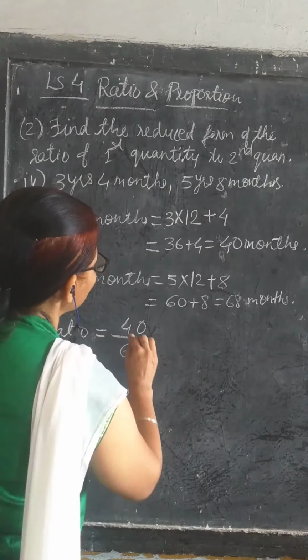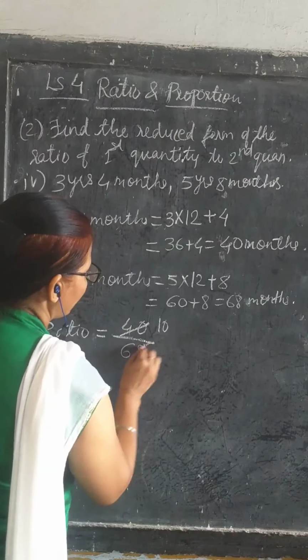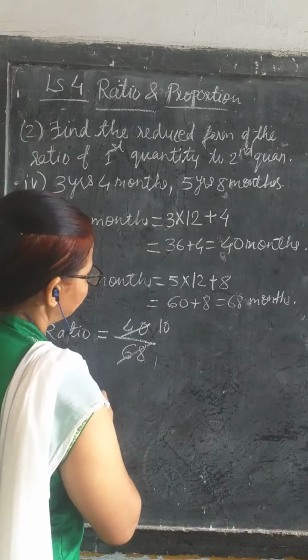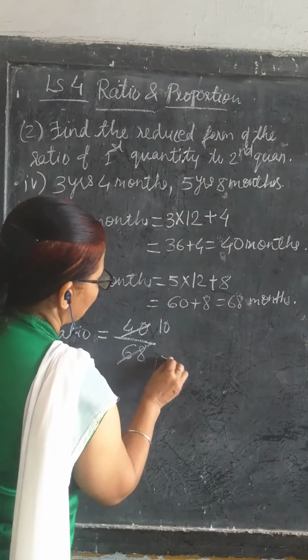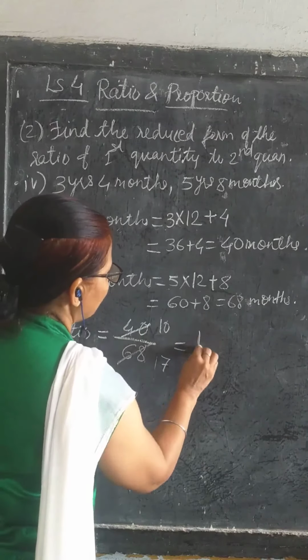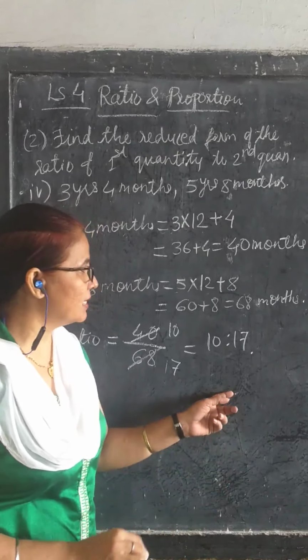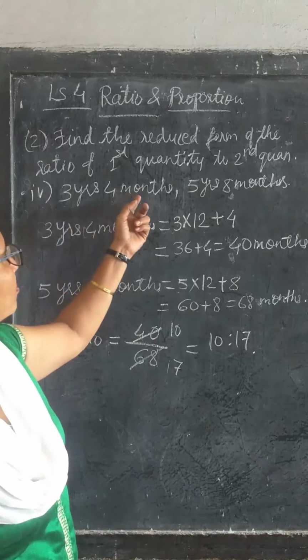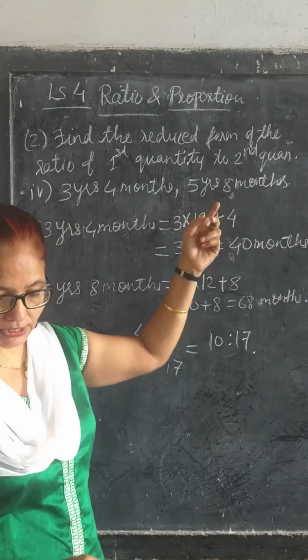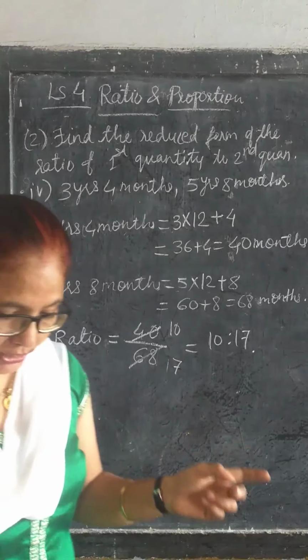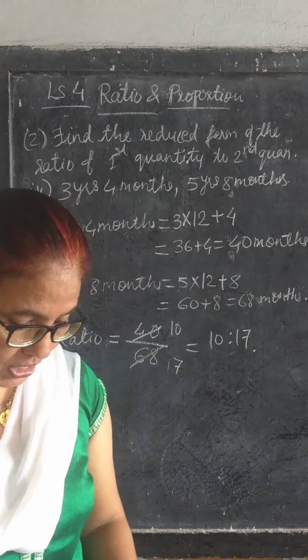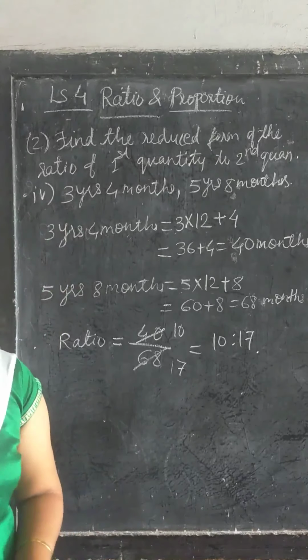By what is it divisible? By 4. 4 10s are 40, and here 17. So what is the answer? 10 is to 17 is the ratio of 3 years 4 months and 5 years 8 months. So in this way you can solve the remaining examples. Now let's see question number 3.